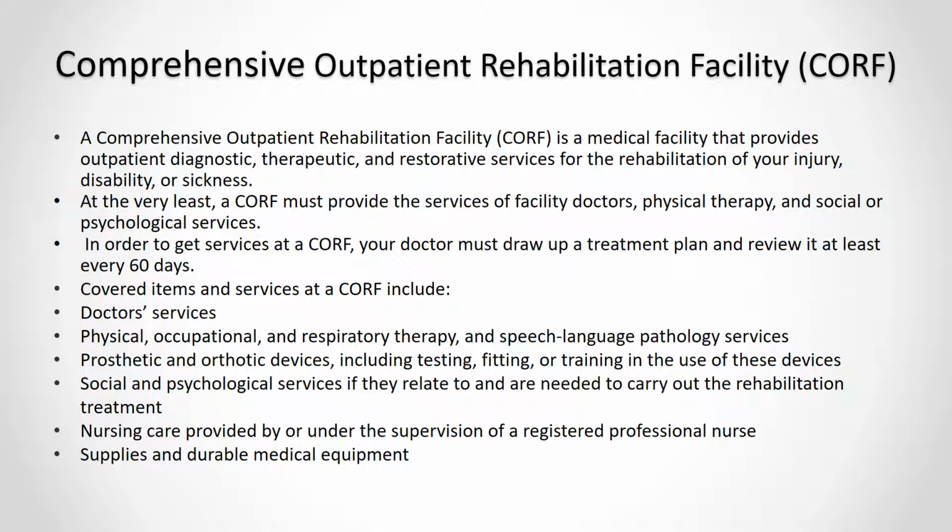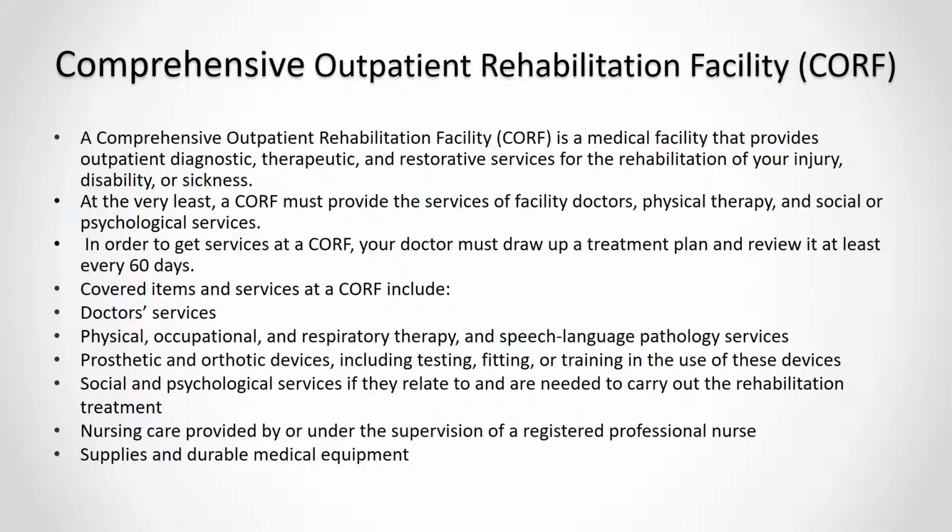Before talking about the components of a comprehensive outpatient rehabilitation facility, it is important to know what a CORF is all about. A comprehensive outpatient rehabilitation facility is a medical facility that provides outpatient diagnostic, therapeutic, and restorative services for the rehabilitation of your injury, disability, or sickness. These services must be provided at a single fixed location.